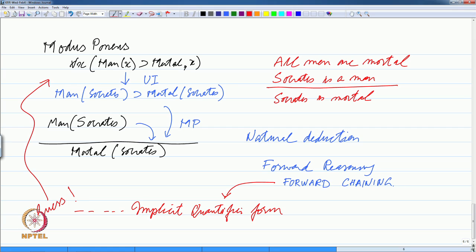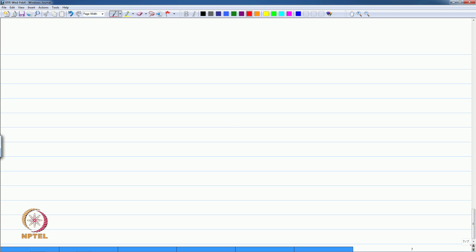So, in this implicit quantifier form, we do not write the quantifiers.